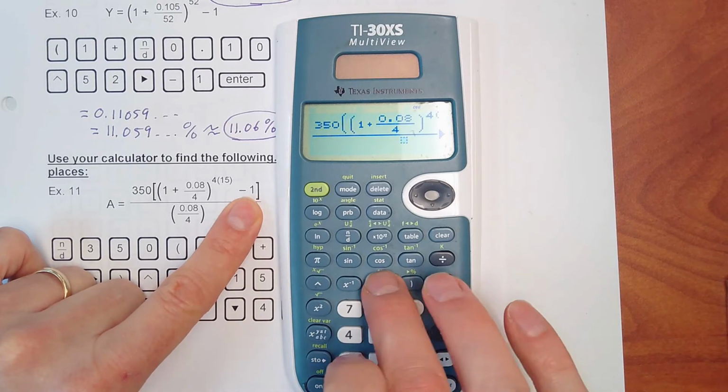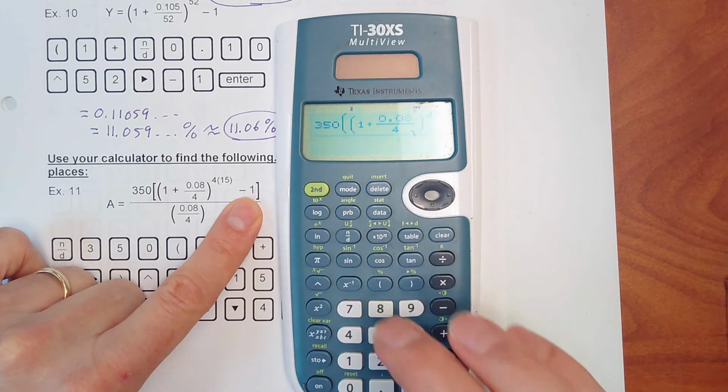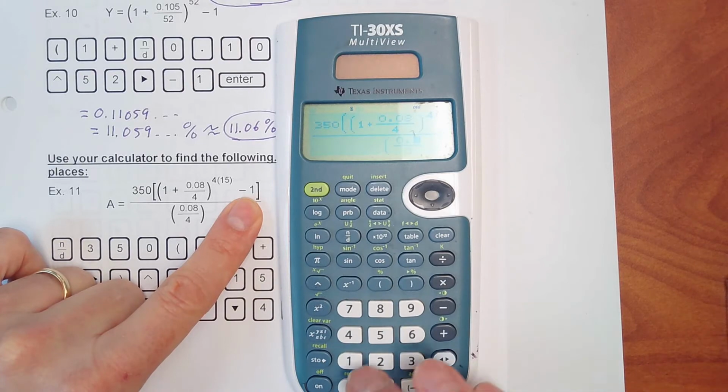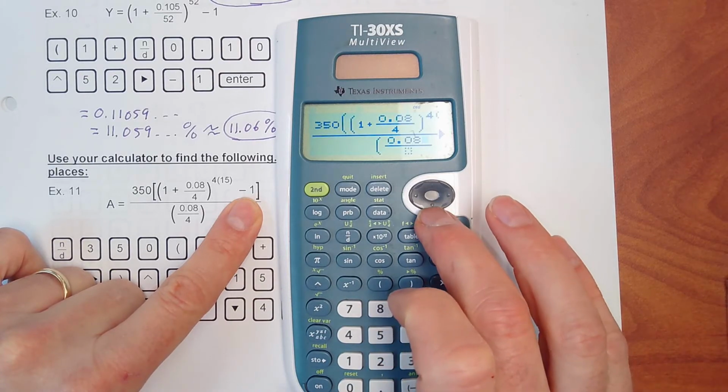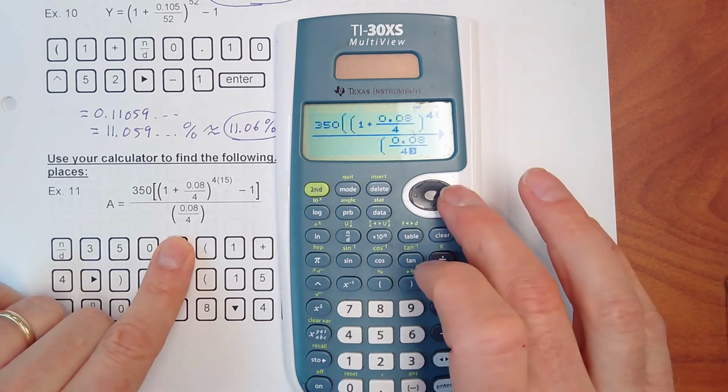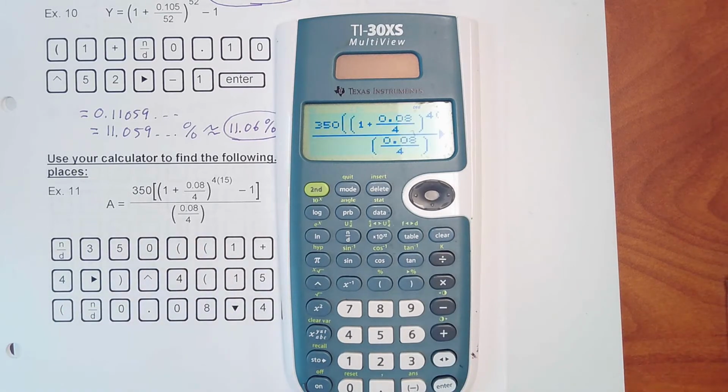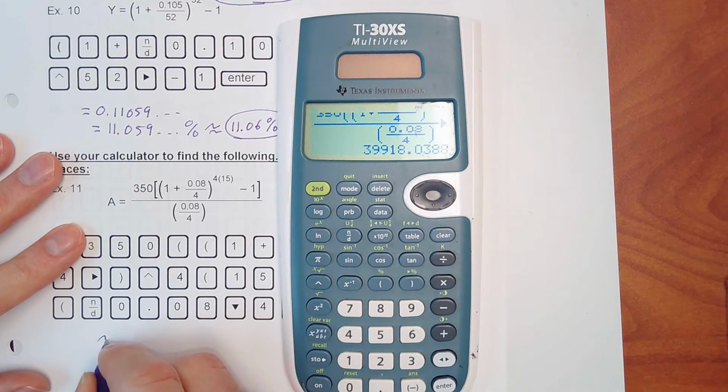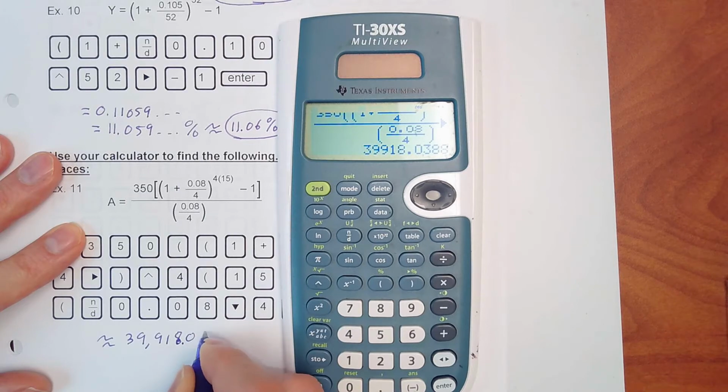That one's not too bad. Parentheses, fraction key, 0.08 over 4. Close off the parentheses. Hit enter. So that gives us $39,918. And let's round off to 4 cents.